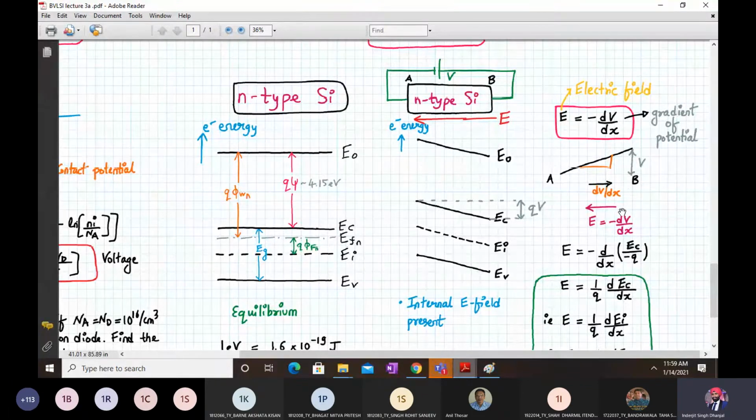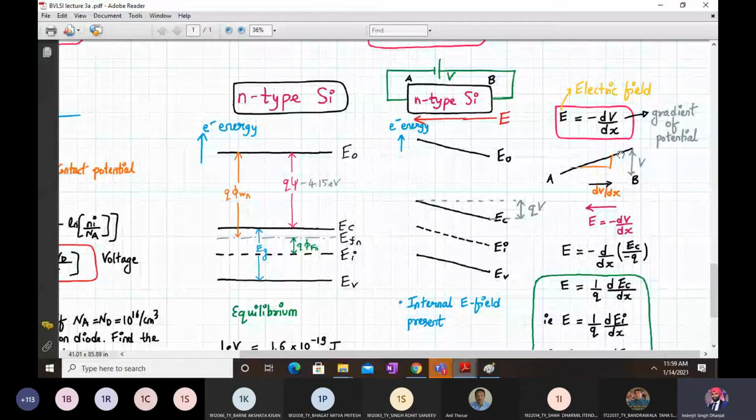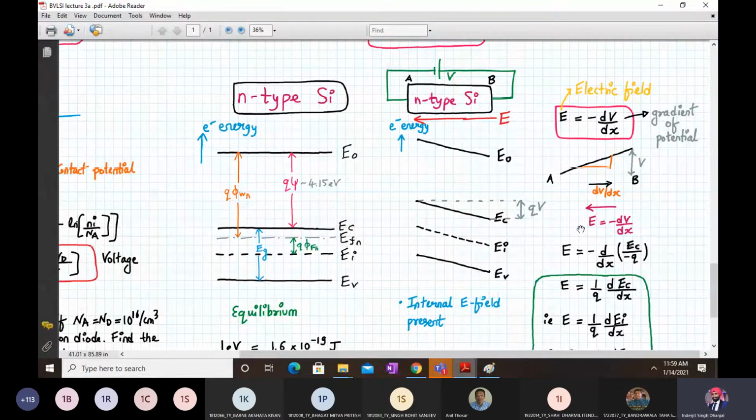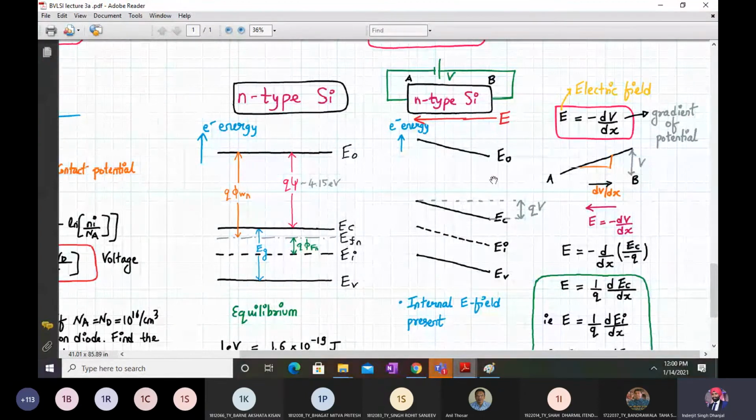So the electric field will be directed in the opposite direction given by this formula. I hope that you all are following. The slope of this slant line is dV by dx and the electric field will be in the opposite direction. So the electric field will be directed from right to left over here.